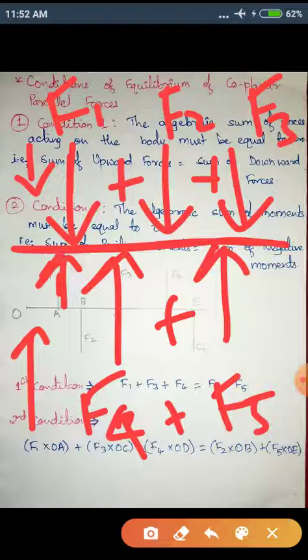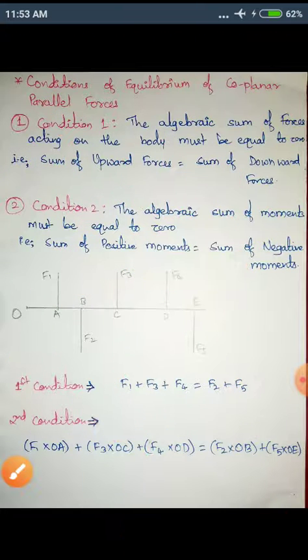When it remains at rest, all the forces coming from above and all the forces coming from below have to be equal. Therefore, the first condition is the algebraic sum of forces acting on the body must be equal to 0. That is, sum of upward forces is equal to sum of downward forces. This is the first condition.